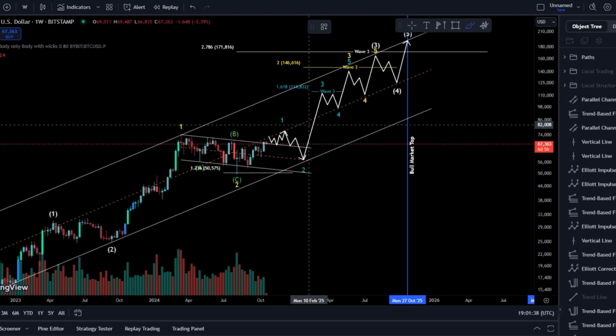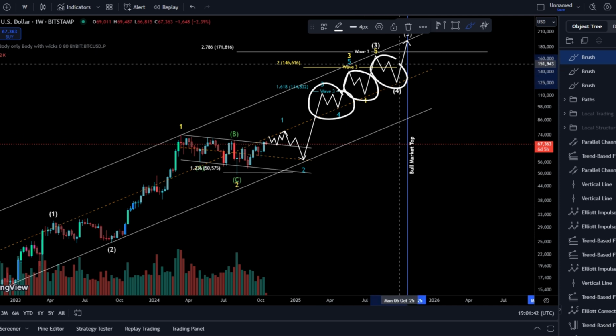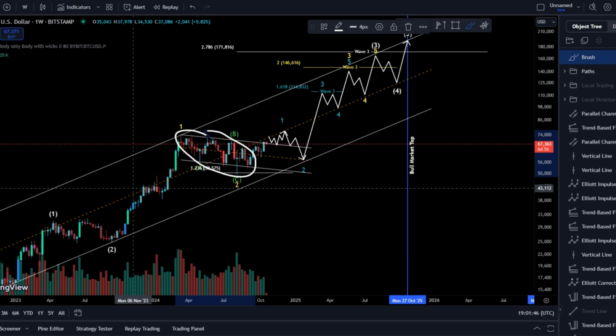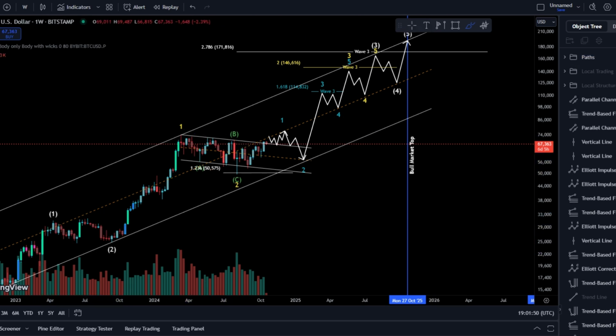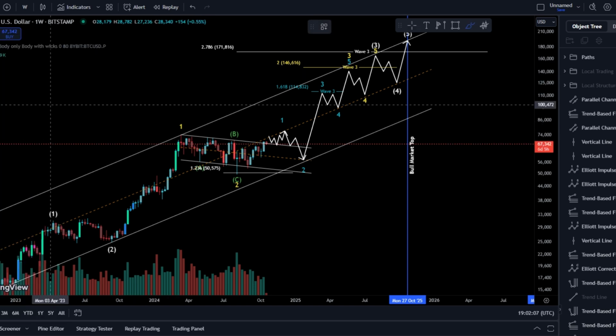Now, some people will ask, why are the wave 4s so much shorter in time than the wave 2s were? Good question. This has to do with Elliott Wave's rule of alternation, which can expect waves to differ in time and severity of opposing forces.